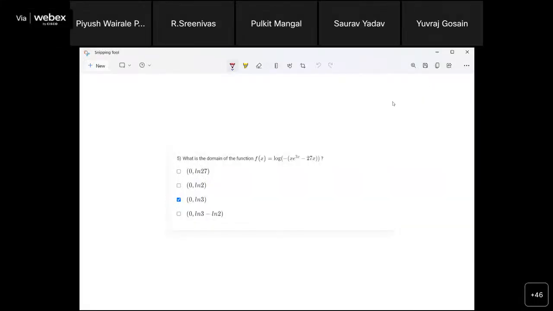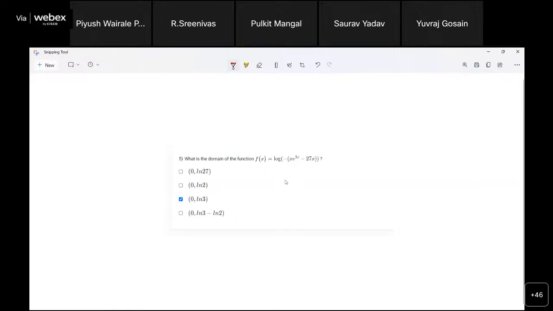So who asked this question? My screen is visible, right? Yuvraj? Yes, Pulkit, what is your doubt? You have to find out the domain of this particular function. What I said, this whole expression should be greater than 0, right?